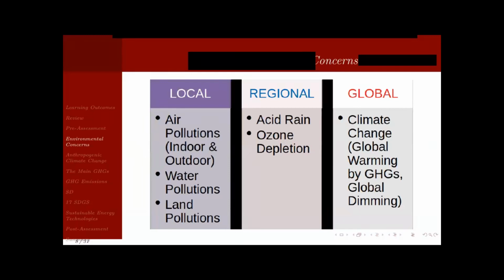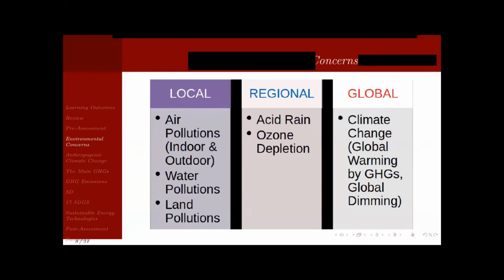These are happening at three different levels. When we say local, it's happening locally. So you have a power plant, let's say, in Siddhirganj. So the effect is happening in the Siddhirganj area. And you can have air pollution, water pollution, land pollution, things like that.